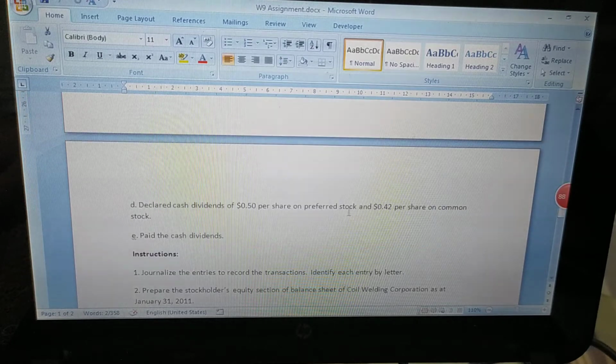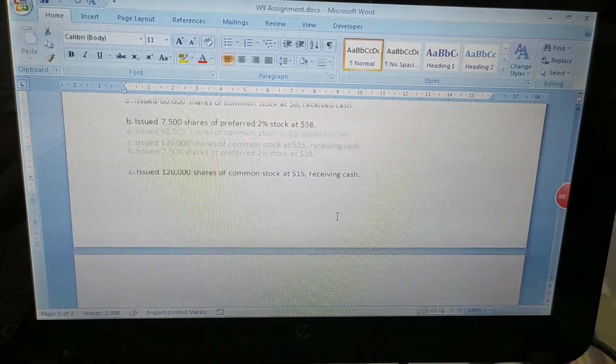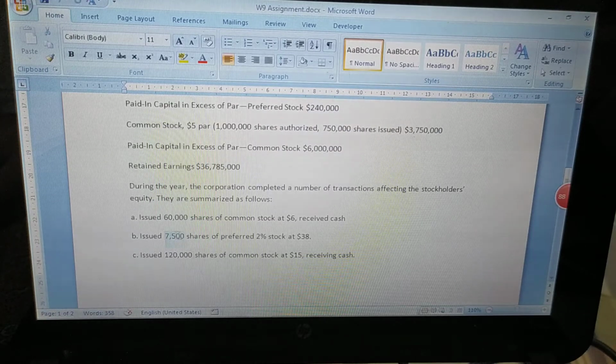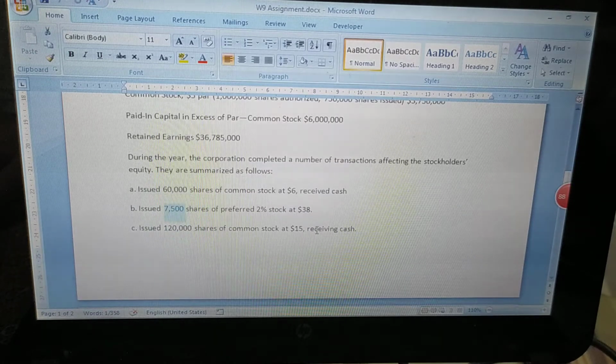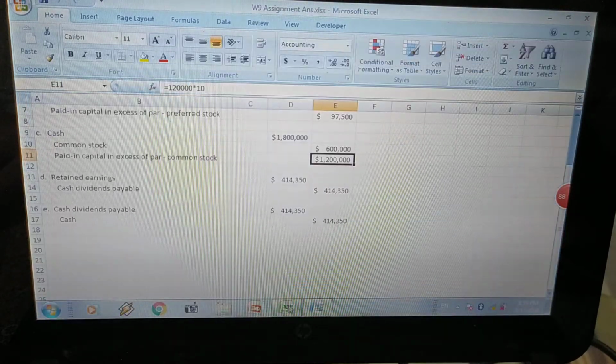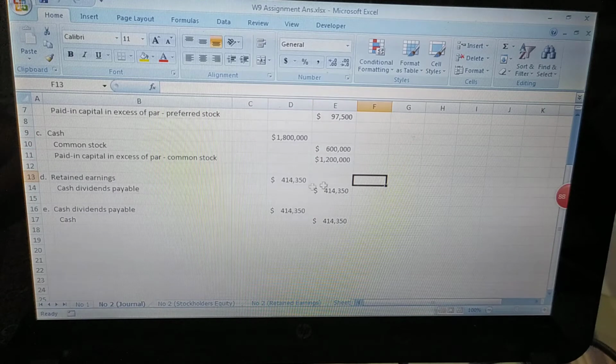For the preferred stock, for example, we take the 40,000 shares plus the 7,500 shares, so the shares issued is 47,500.